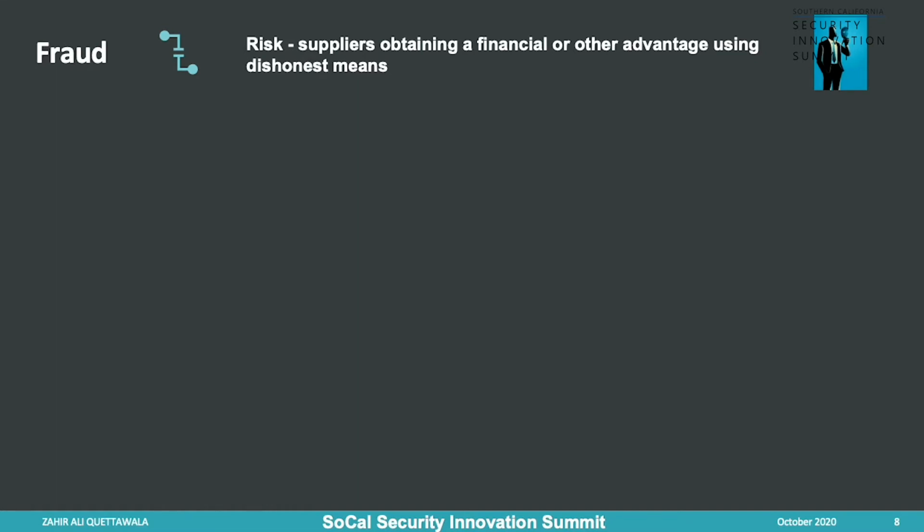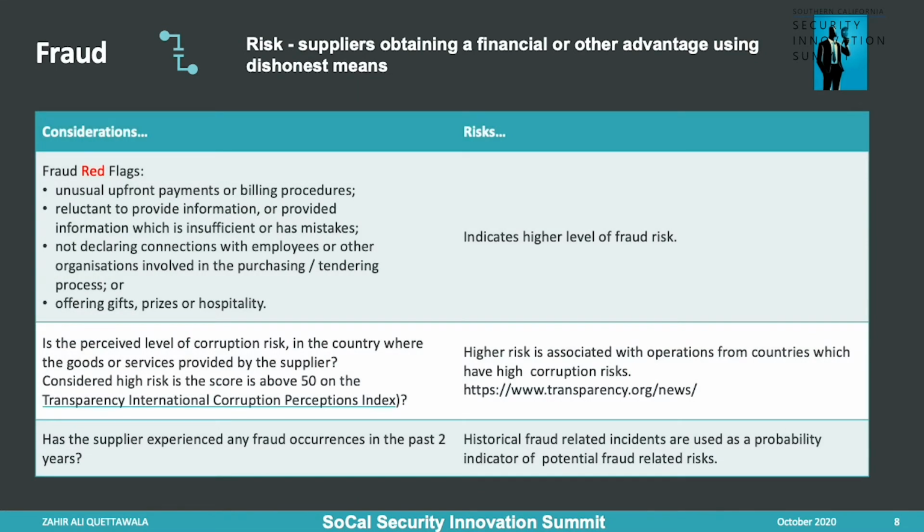Now going to the next point, which is fraud, which is similar to it, but again some additional points to put in. There are some red flags. I always use red flags, that keeping the transactions transparent with the supplier is very important.